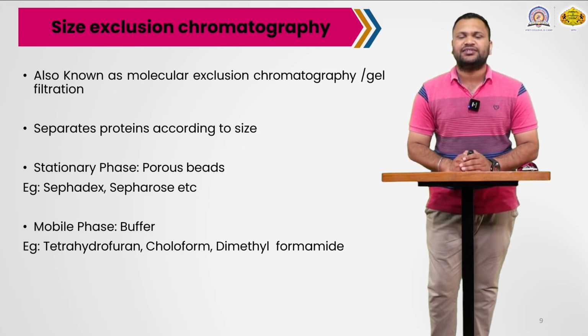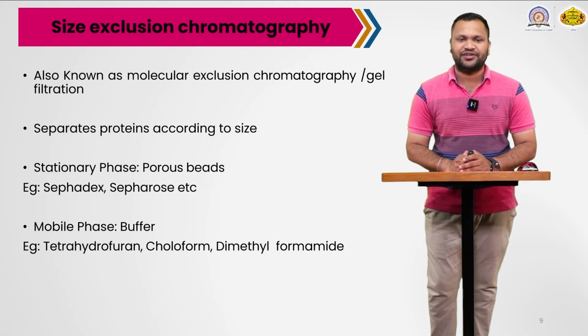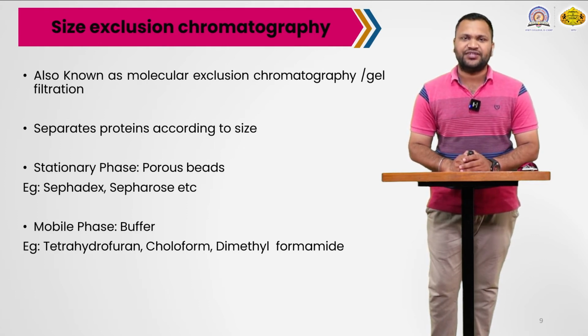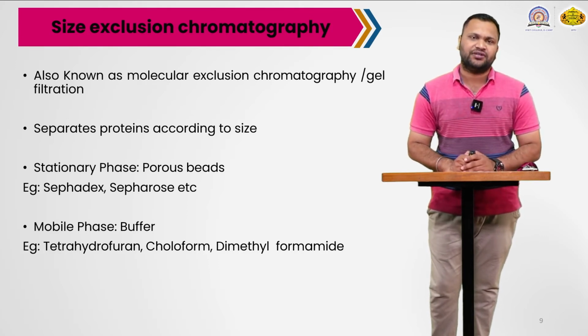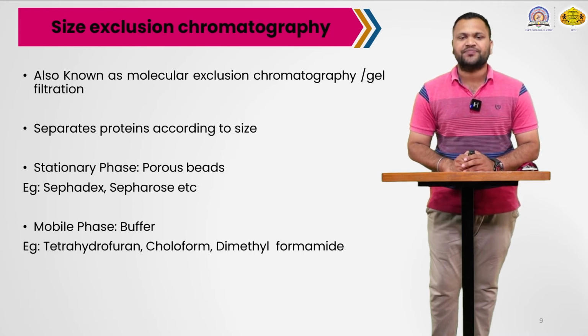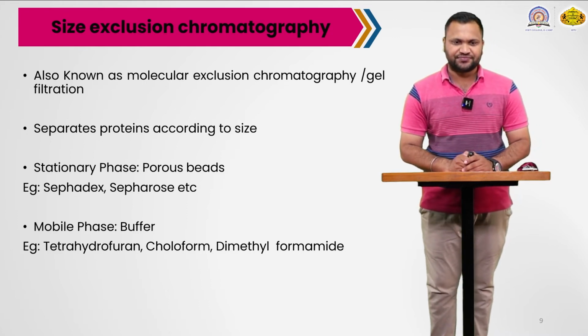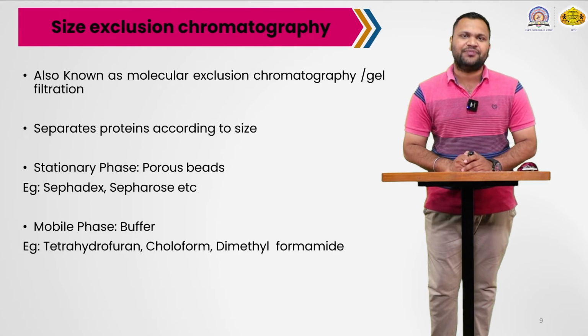Here two phases are there. The first one is the stationary phase and the second one is the mobile phase. The stationary phase stays bound to the column. It is made up of porous beads, and those beads are made of Sephadex or Sepharose.